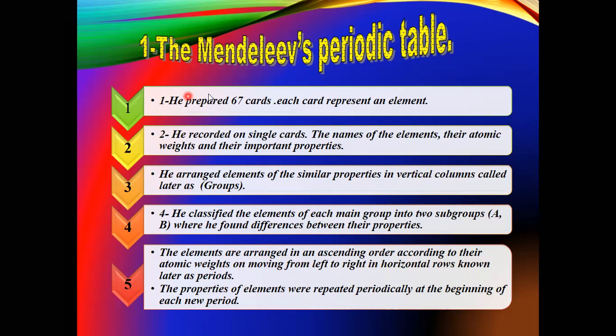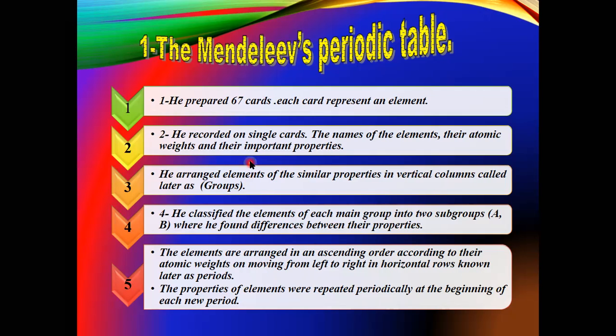From left to right means horizontal rows. These horizontal rows were known later as periods. So he made vertical columns, known later as groups, and horizontal rows, according to atomic weight, known later as periods.